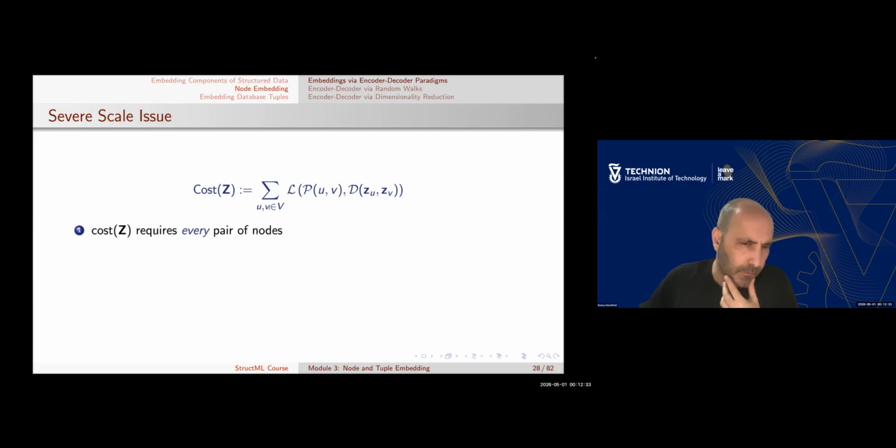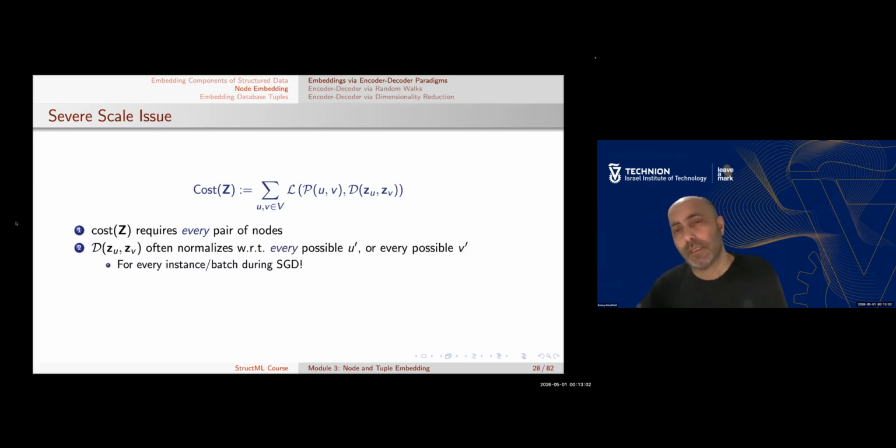Okay, and you say, if I'm optimizing using SGD, then I'm taking one pair at a time. If I'm using a batch, then I'm using a set of nodes at a time. But if you want your epoch to cover your pairs, then you have a lot of pairs to cover. That becomes intractable very quickly.